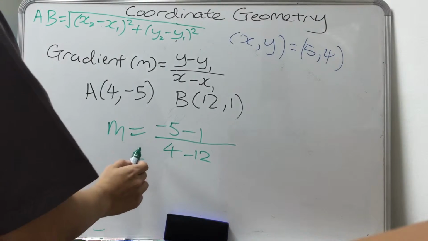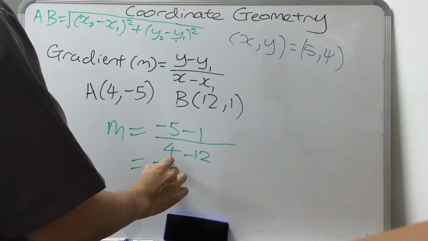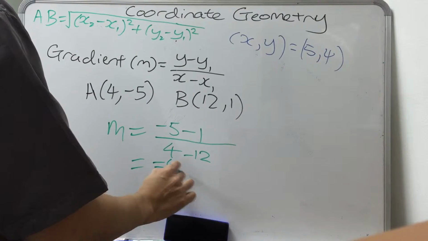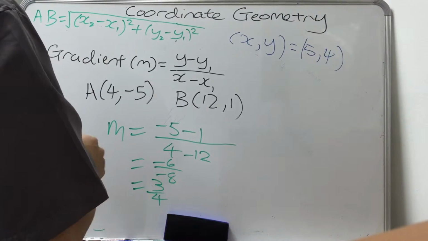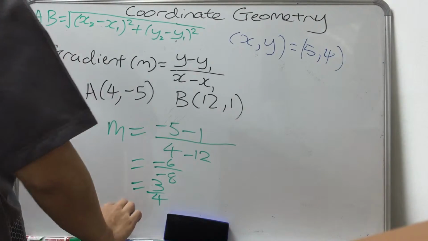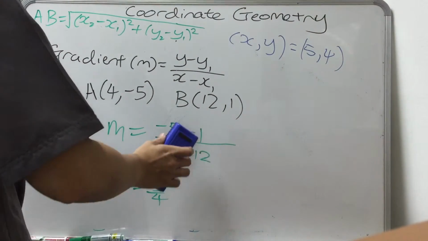Our gradient of this line will be simply equal to minus 6 over minus 8. So this gives us 3/4. Okay, do you get it? We will see one more example for gradient.